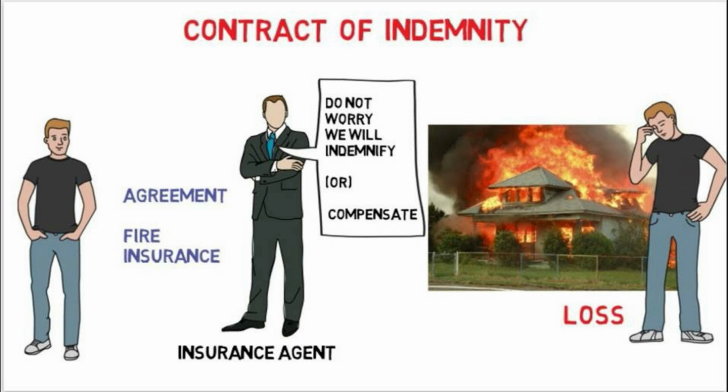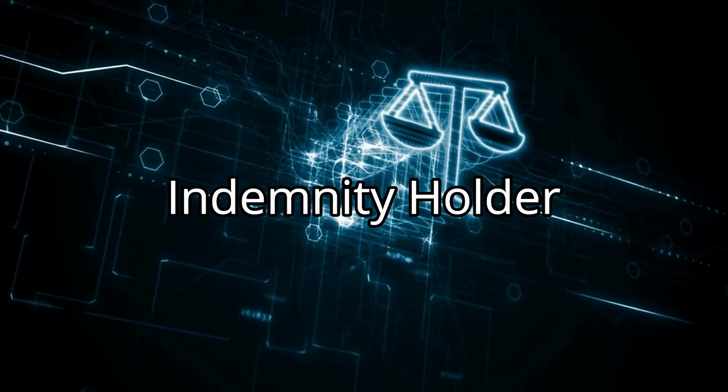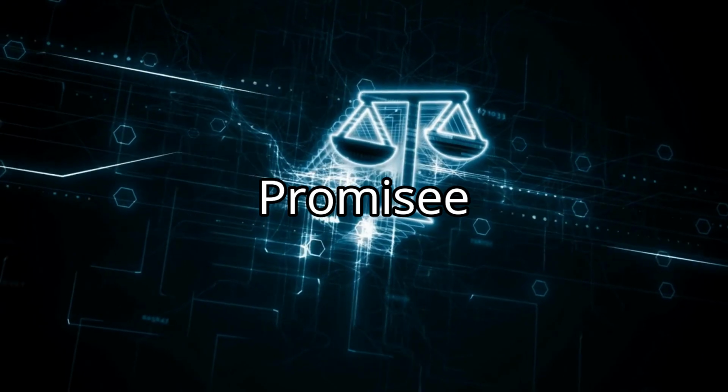So the one who is promising, the insurance agent, is performing the role of indemnifier, promisor, and the client whose loss is saved is the indemnified, indemnity holder or promisee.